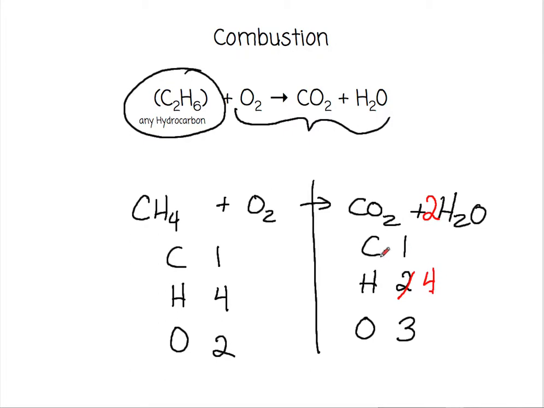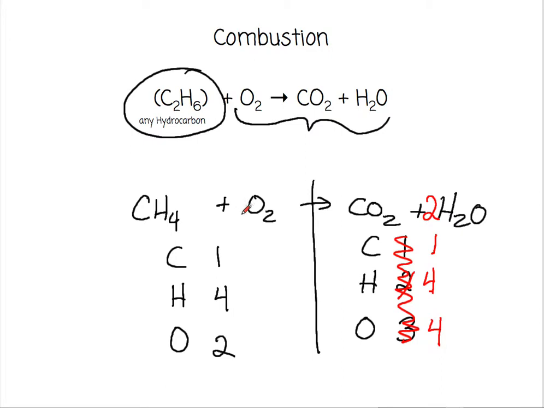But I have to recount everything. So I erase or cross all those out. How many carbons do I have? I still have 1. How many oxygens do I have? 2 here and 2 more here. That gives me 4. And then I see that I have my 4 hydrogens. Alright, so carbons are balanced, hydrogens are balanced, oxygens. This oxygen has to be a 4.